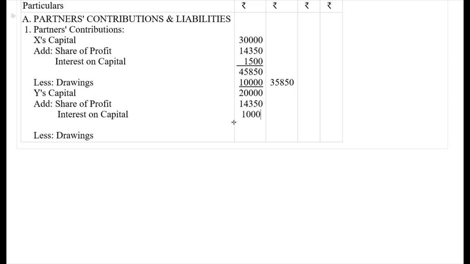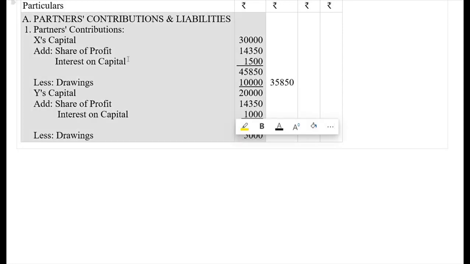So now let's underline this here. So here it is 34,350. The amount of the drawings made by Y is given as rupees 5,000. So now let us underline here.